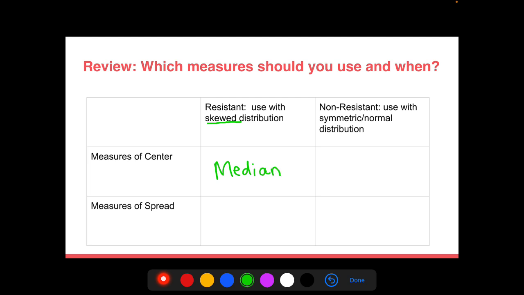When it is symmetric or normal, we're going to use the mean. And then our spread is our variability. When it's resistant, we are going to use the IQR. We're going to do that with skewed distributions. And then non-resistant, we are going to use our standard deviation to describe variability.